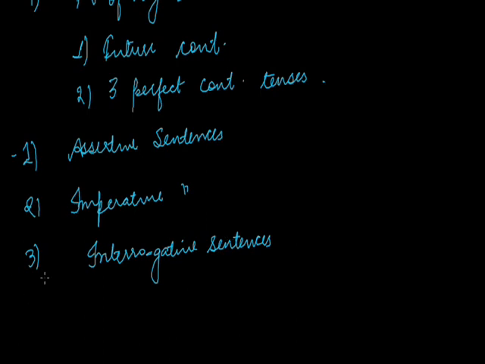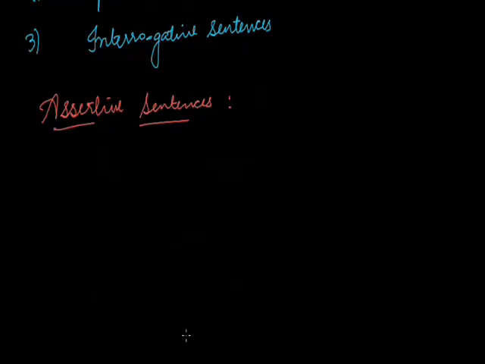So let's see the first one, that is the assertive sentences. Assertive sentences basically include all the simple sentences that can be affirmative or negative. Now, all the 8 tenses whose passive voice can be made come under the category of assertive sentences.